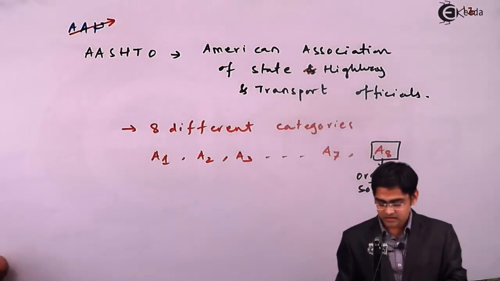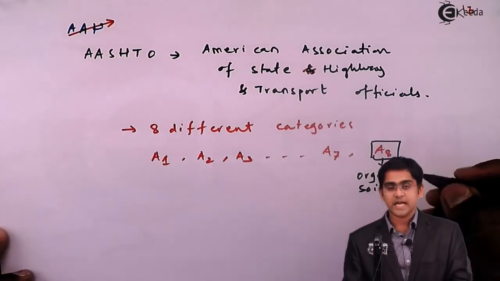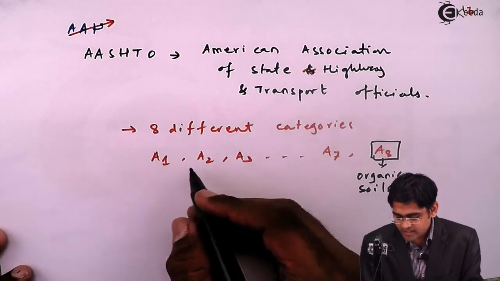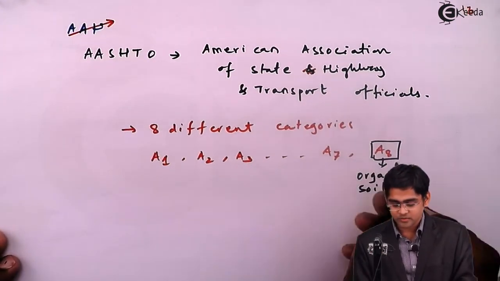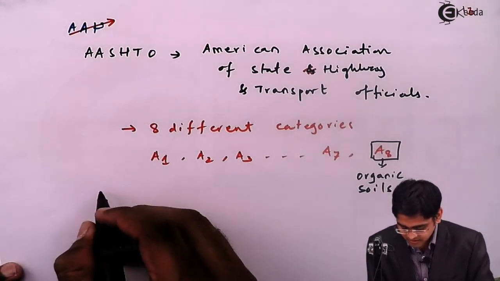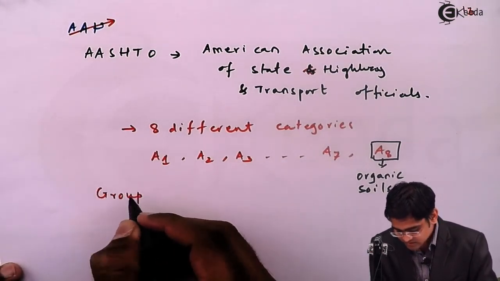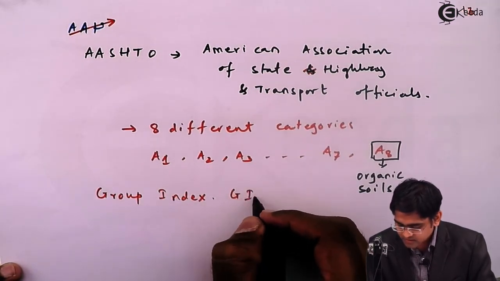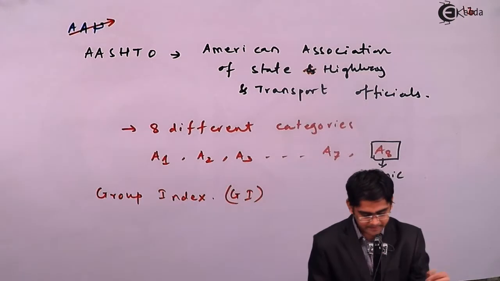The A1, A2, A3 up to A7 groups depend on a particular index, which is called the group index, or GI.